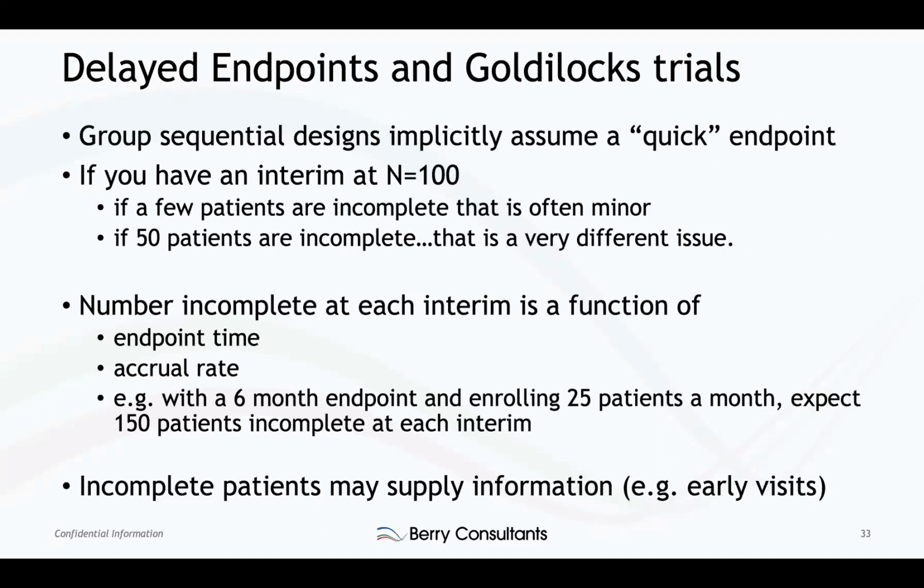There certainly are a large group of people, I think more academics than in industry, who are against group sequentials. Part of it is this bias issue, which I think you need to be aware of, but you can address.